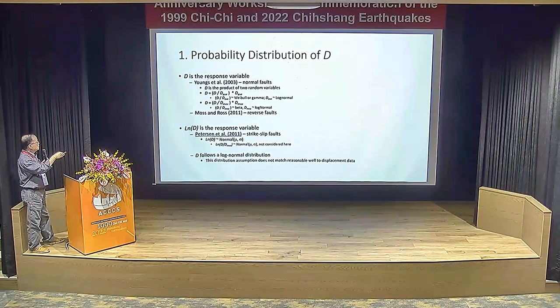Depending on the quantity that we treat as the response variable, people use different types of distributions. For example, in Yang et al., when they model the normal faulting displacement data, they model the displacement as the product of a normalized displacement times the normalization factor, being the average displacement.